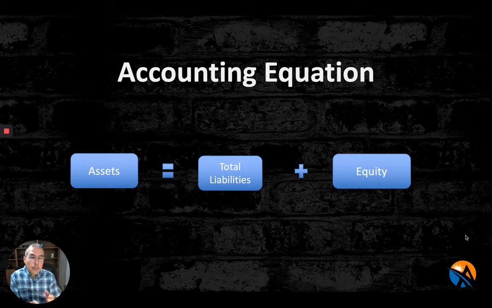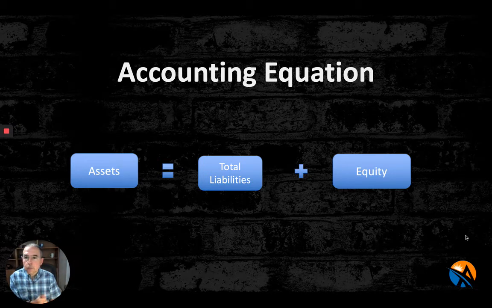Then you look at, okay, well, how much do I owe on that home? That would be your total liabilities. And the difference, the delta being, if I owed $500,000 on a $750,000 home, I have equity of $250,000. And that's basically what a balance sheet is in your business.